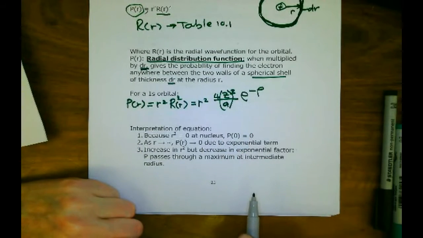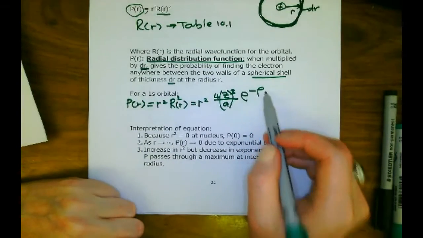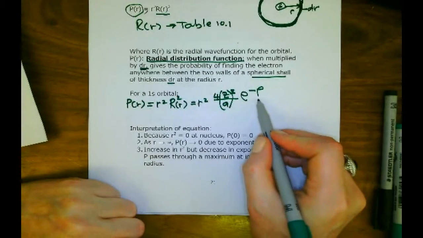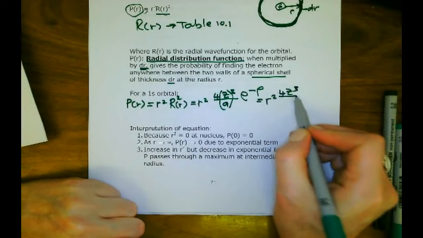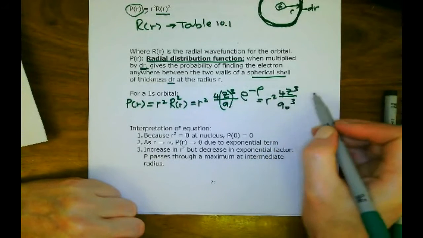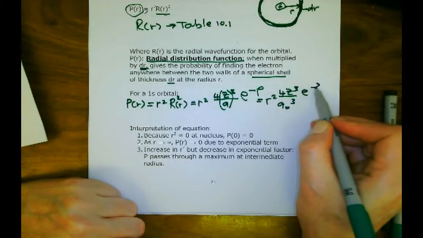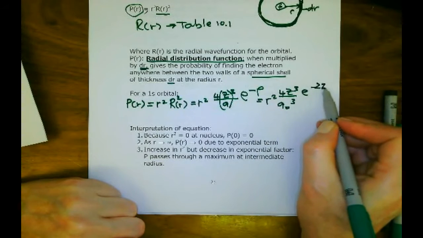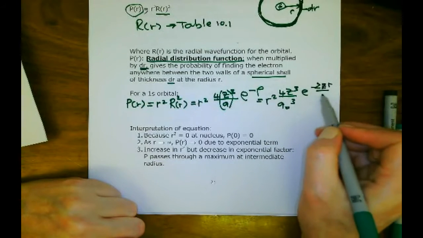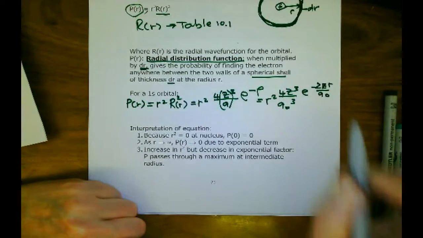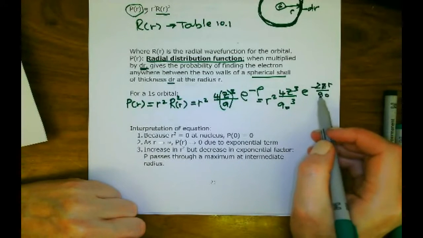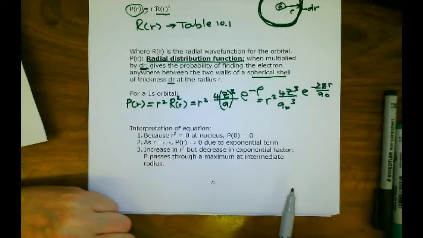And you can then go one step further to substitute rho: minus 2Zr divided by a0.